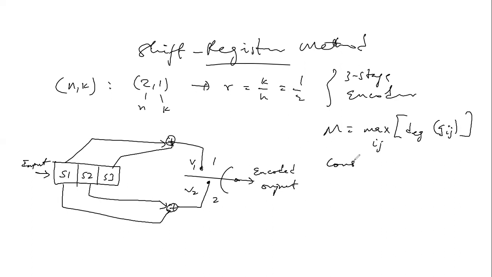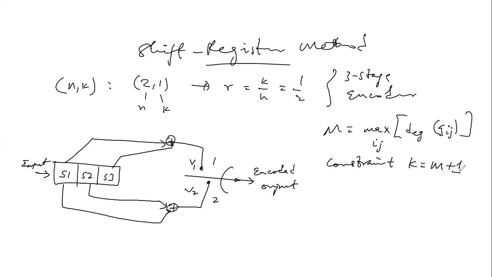Then we have the constraint length K, which is the same as the memory plus 1, okay? This is the size of the shift register in the encoder without feedback. So it implies the number of stages needed for the combinational logic to produce that output bit. Okay, that is the constraint.